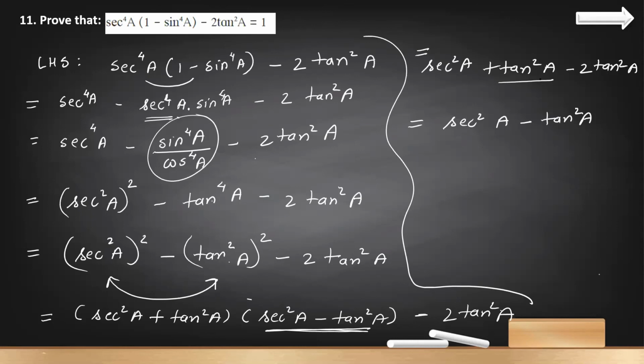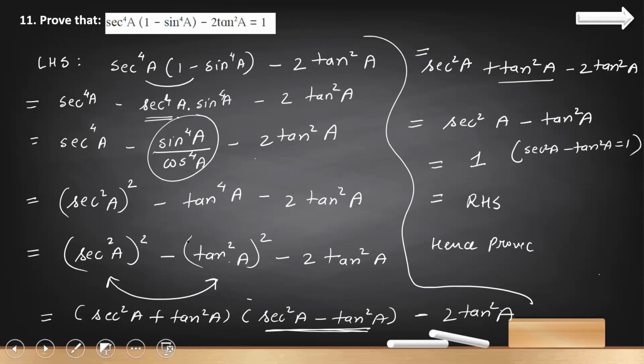Again, sec square A minus tan square A is equal to 1, which is equal to your RHS. So, hence, proved. Understood? What did we do? We just applied the identity that sec square A minus tan square A is equal to 1. Right? So though the question looks very complicated, when you start solving it, you'll automatically understand which identity to apply.